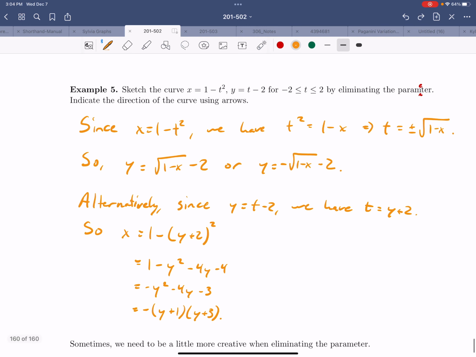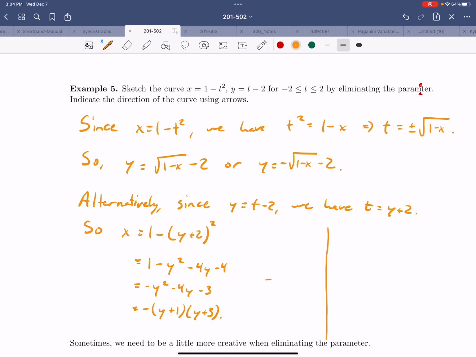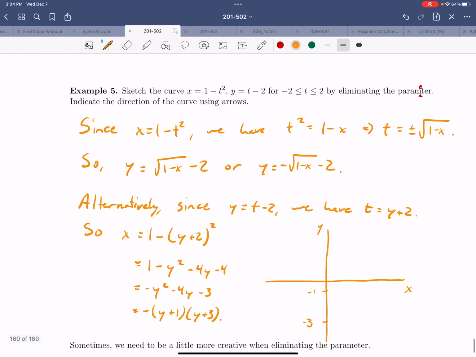Now if we sketch this curve, well, let's see. We know that y equals negative 1 and y equals negative 3 are going to be the zeros. We also know that the parabola is flipped downward, which means to the left. So it's going to look something like this.